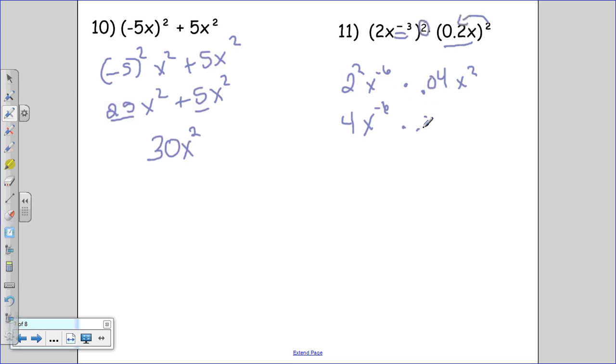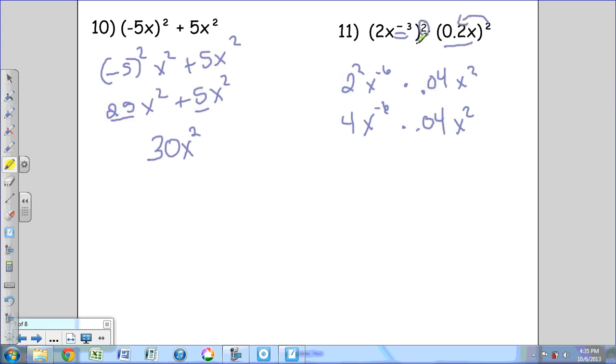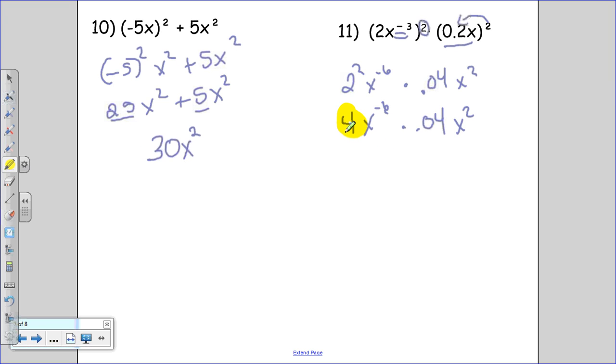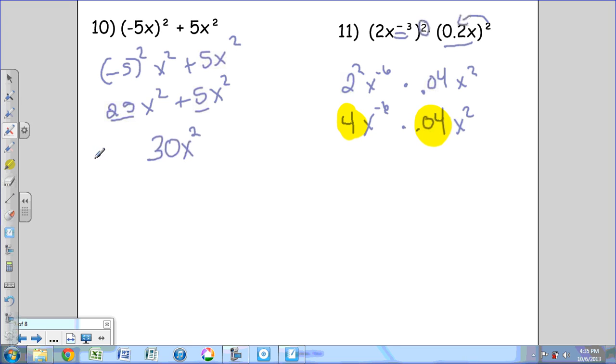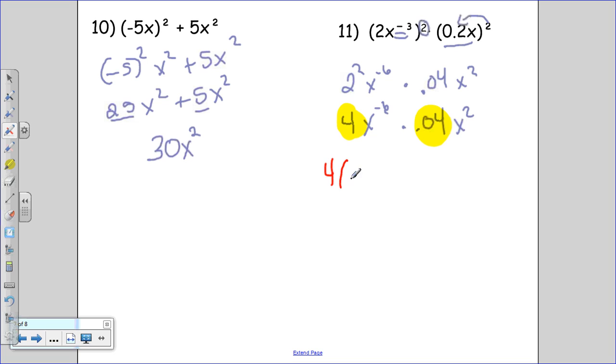So I want to combine these, but I'm going to have to stick them together here first. So this number and this number, since those are both my numbers, I'm going to put them next to each other. So what I have is 4 times 0.04, and then I have x to the negative 6 times x squared. 4 times 0.04 is 0.16, and then 2 bases, 2 exponents means I'm going to add them.